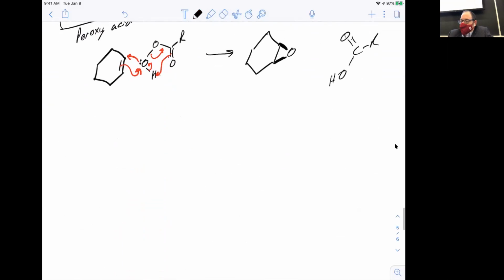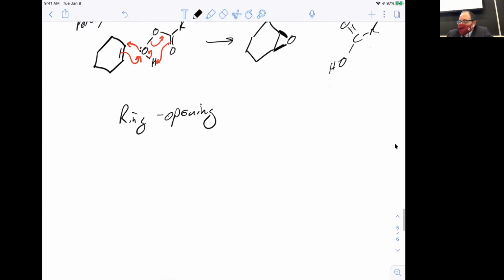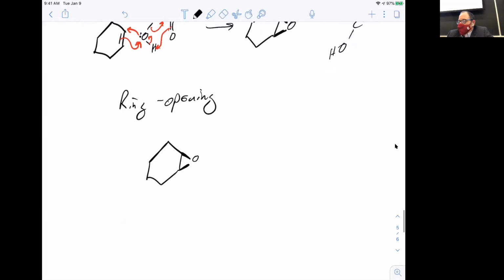The second step is ring opening. And we're going to come back to ring opening when we get to epoxide reactions later. At this point, really what we're going to focus on is just acid catalyzed ring opening.